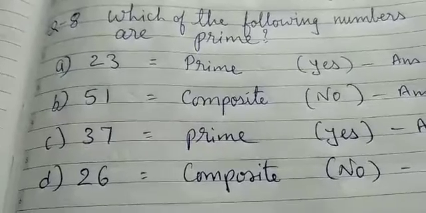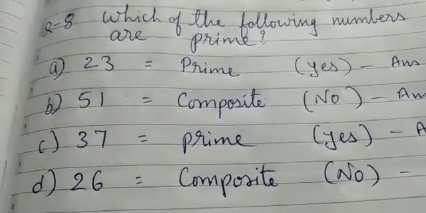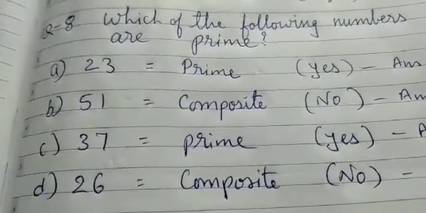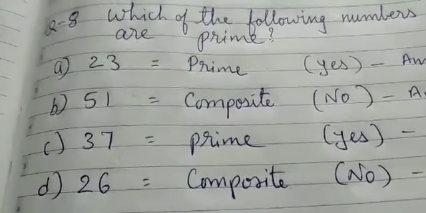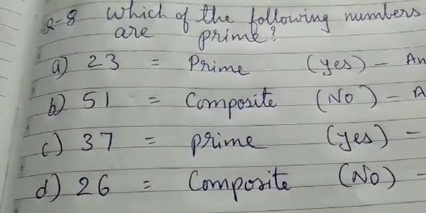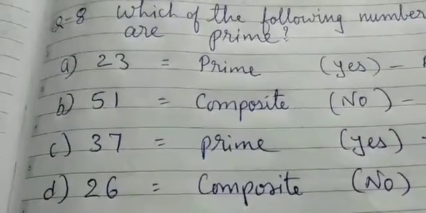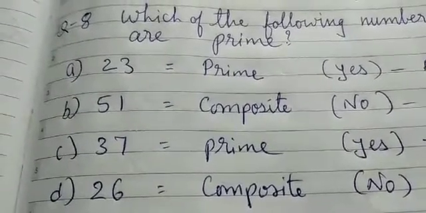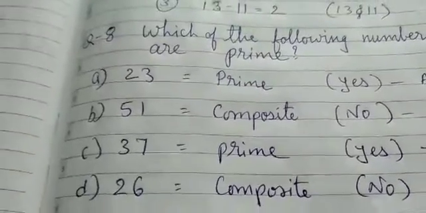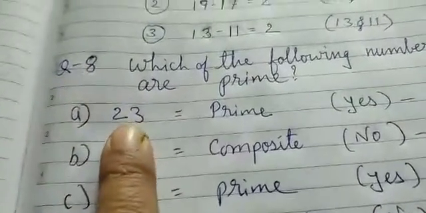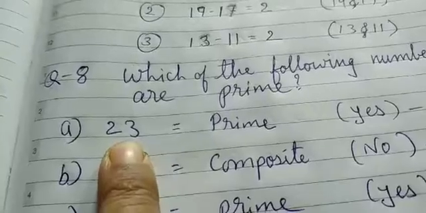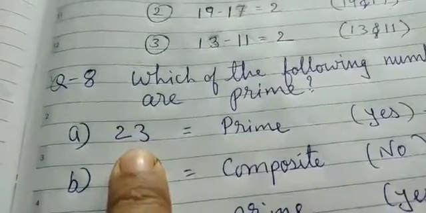See, 23. As I had explained to you, a prime number has 2 factors, 1 and the number itself. And they don't come in any of the other tables. So if you check 23, it doesn't come in 2's table, it doesn't come in 3's table.